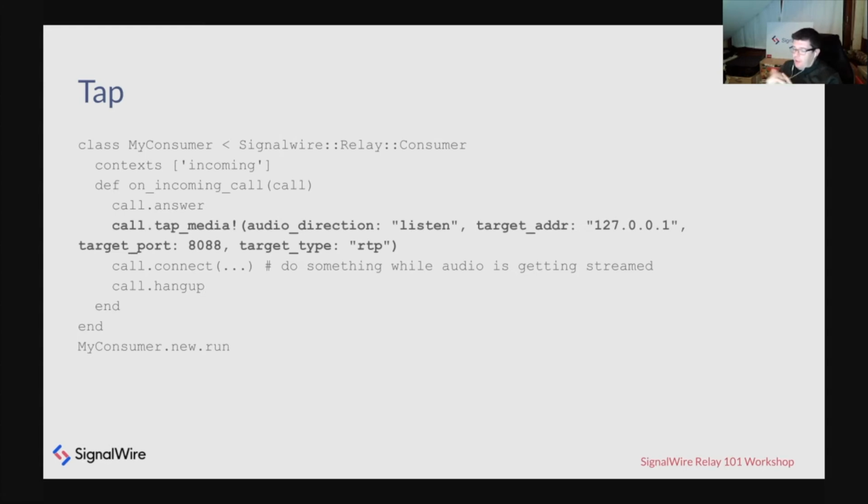For example, a couple of examples we have in real life: a customer is using this to do real-time sentiment analysis on the call. They only listen to the audio coming from the called person. This is a call center situation, so they don't listen to the audio from the agent.